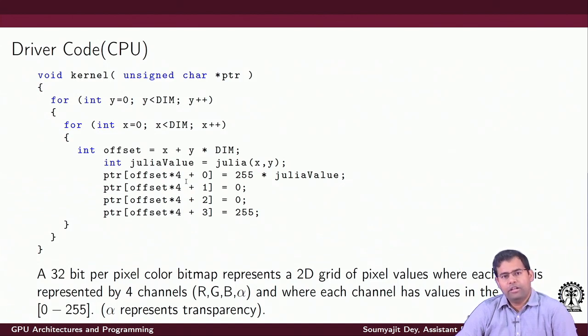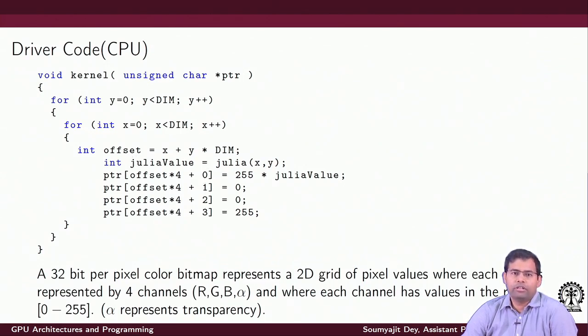Each channel is for red, green, blue and alpha, where alpha represents the transparency, and each channel's value is to be inside the range of 0 to 255. So, with a suitable combination of these values, I can generate the corresponding color. Since for any pixel I have to give the corresponding values of these channels, this is how we are doing it.